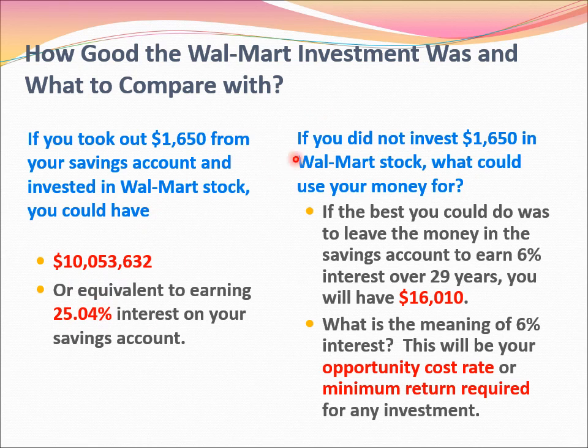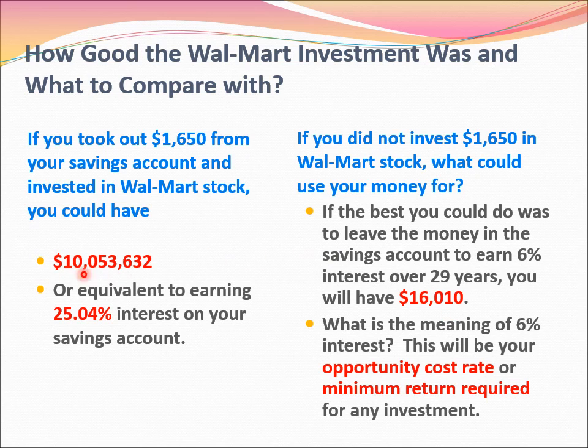But instead of Walmart, if you deposited your $1,650 to a savings account, then you would earn 6% interest rate. Okay, only 6%. And the total amount that will be accumulated in your savings account after 39 years is $16,000.